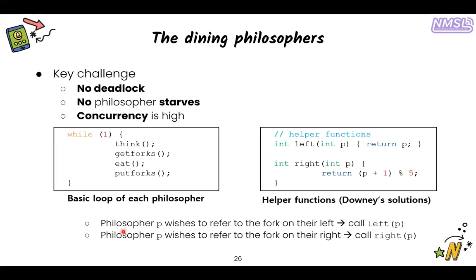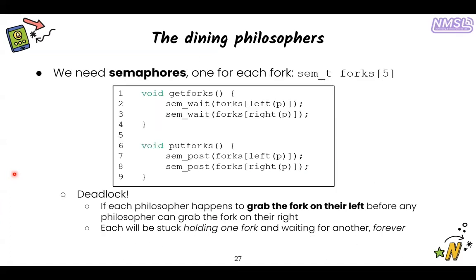So basically, if philosopher P wishes to refer to the fork on the left, it simply calls left. If you want to use a fork on the right, you call right. Now we're going to need semaphores, one semaphore for each fork. So we have 5 forks and 5 semaphores.